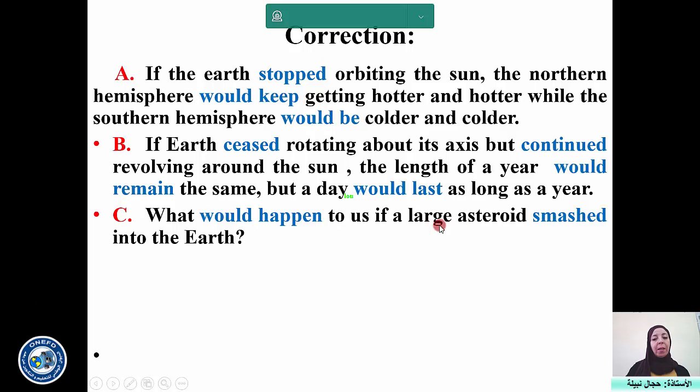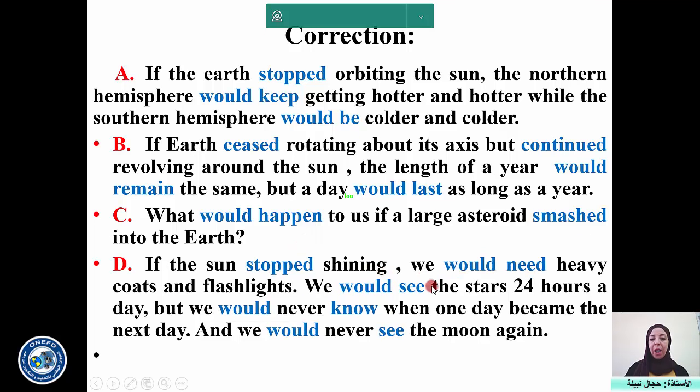What would happen to us if a large asteroid smashed into the Earth? You see, the sentence here is inversed since it's a question, and if is in the middle. That's why it should be followed by the past simple, and would happen is put in the beginning. Okay, conditional present is put in the beginning of the question.